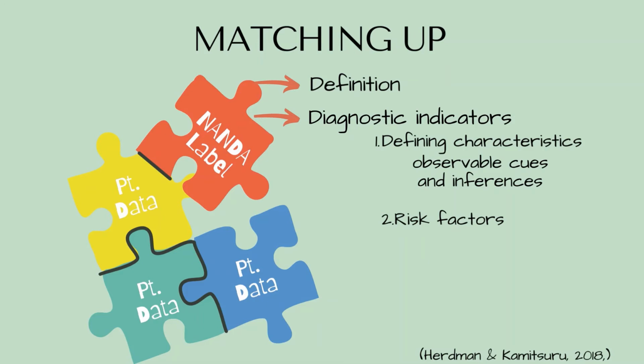Risk factors are another diagnostic indicator, and they increase the vulnerability of an individual, family, group, or community to an unhealthy event. A nursing diagnosis does not need to contain all types of diagnostic indicators. Actual diagnoses will have defining characteristics, and risk diagnoses will have risk factors.